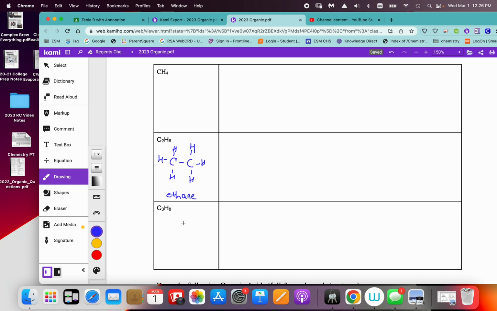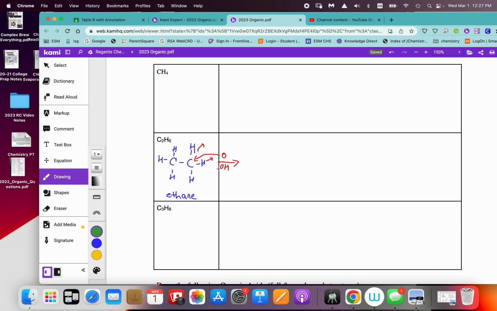What is going to happen here is that we are going to do a substitution to this molecule, and we are going to add an oxygen to the structure and an OH. This oxygen is going to come in and join this, and it's going to cause these 2 hydrogens to be replaced or substituted out.